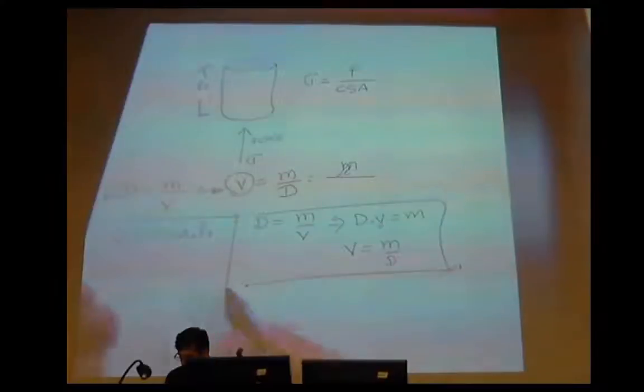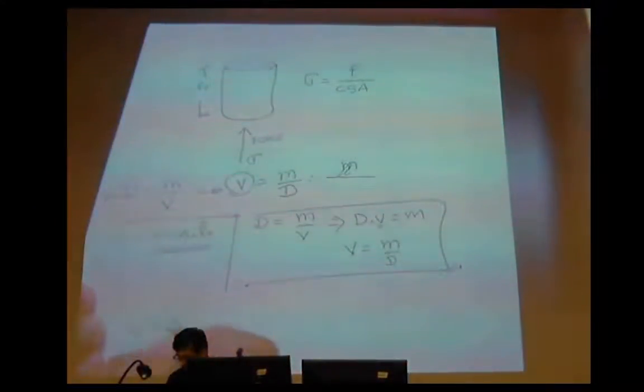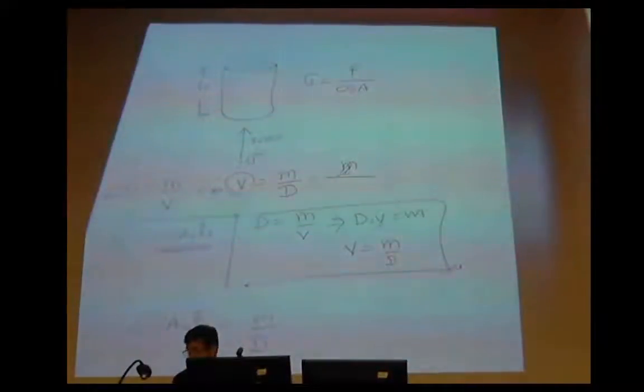Okay, so we're going to replace this equation here. The cross-sectional area times resting length equals mass divided by density. Yes? What is cross-sectional area equal to? Right.